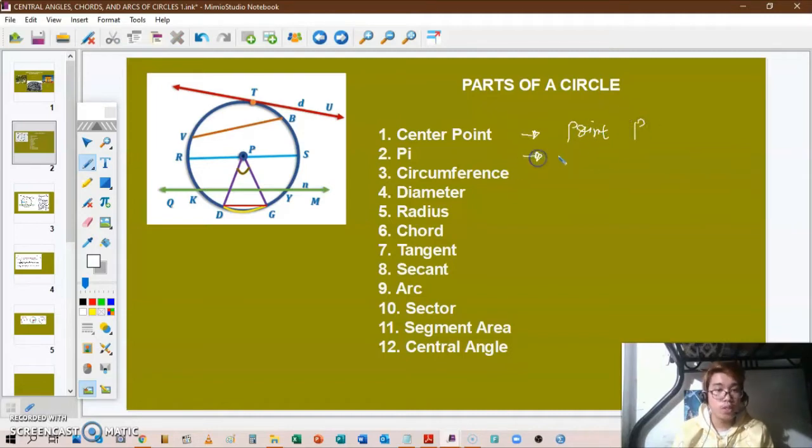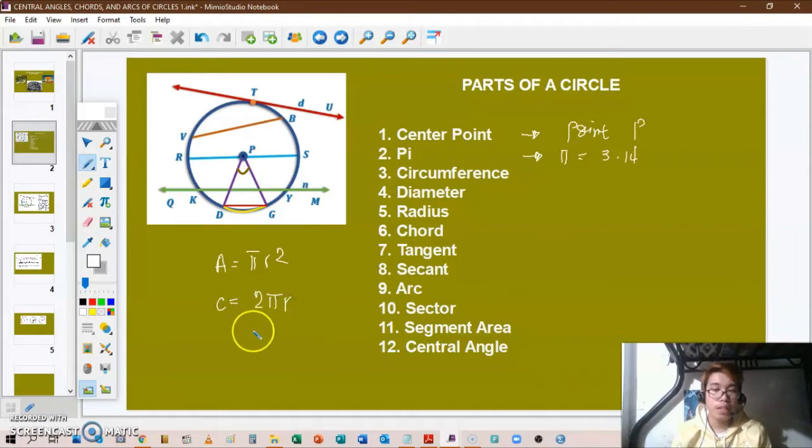And pi, of course, is a constant. Its value is 3.14. As you know from solving the area of a circle, the area is equal to pi r squared, and the circumference of a circle is equal to 2 pi r.